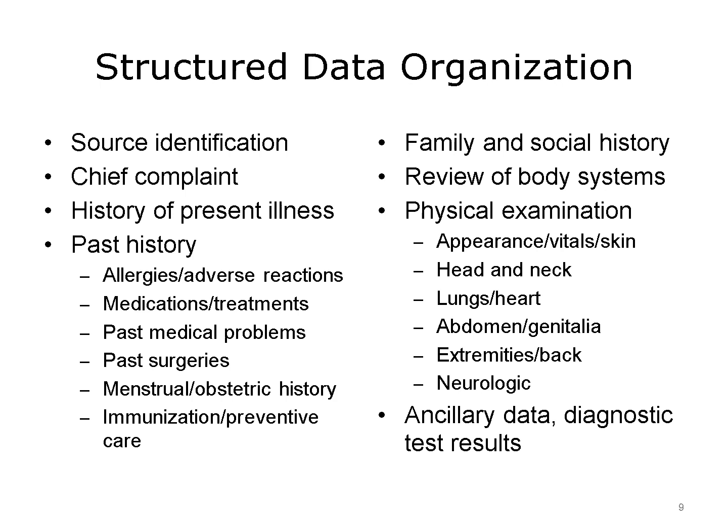A detailed review of each organ and body system may elucidate important symptoms that have not come to light through other means. The history and physical then proceeds to the findings upon physical examination, which also has a highly structured format. Ancillary data such as laboratory test results, X-rays, and other diagnostic test results are included. Once these results are recorded in the history and physical, the data collection phase is complete.